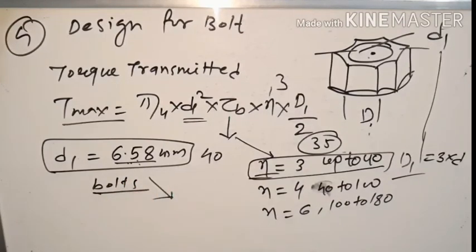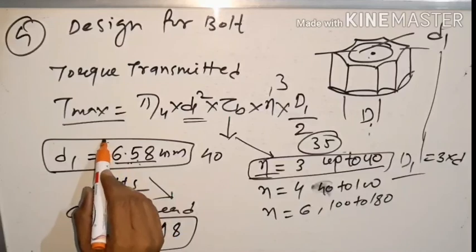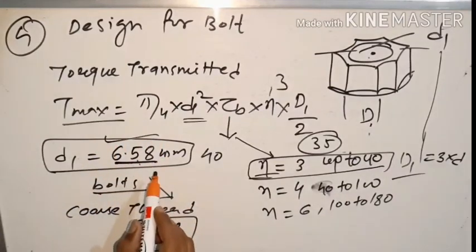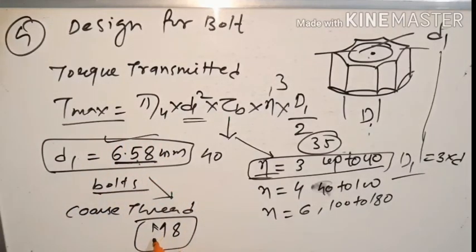When we check this value from the data book, considering coarse thread, the standard size is M8. So this dimension is not available in the market, and it is usually taken as M8. Okay, so this is your answer.